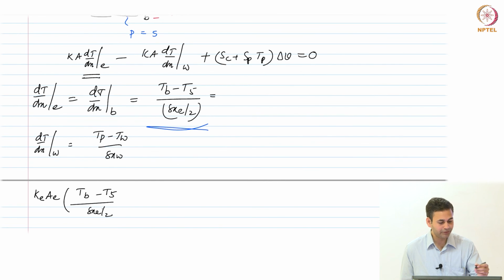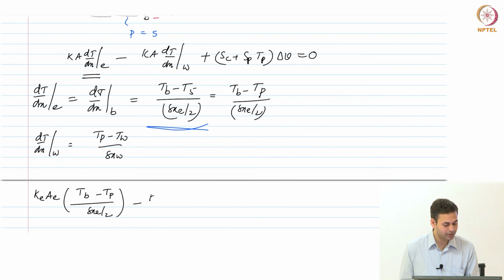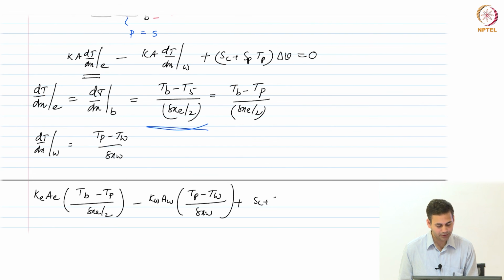Let me write T5 as Tp, so this is Tb minus Tp by del xe by 2, and then minus Kw Aw times Tp minus Tw by del xw, plus Sc plus Sp Tp times delta V equals 0, alright.